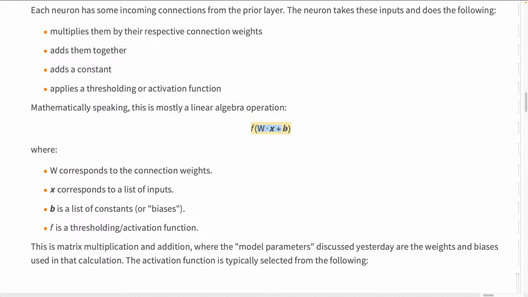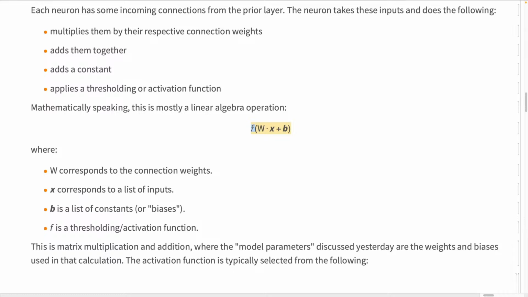Once you do the linear algebra part, there's a nonlinear part here called a thresholding or activation function. You need this for the network to exhibit non-trivial behavior. What this does is take your inputs, and depending on which activation function you pick, it will reweight the outputs.